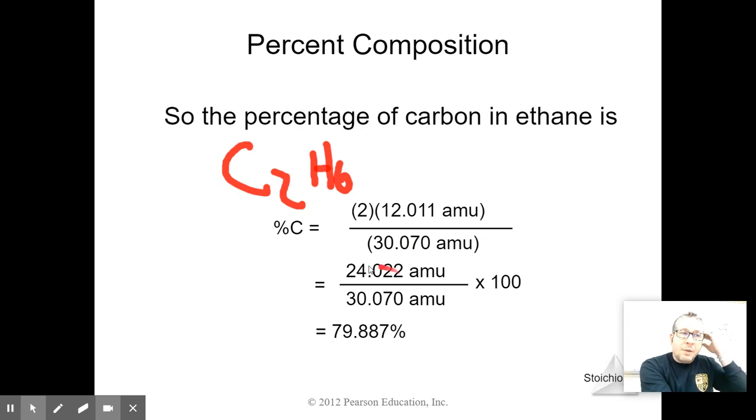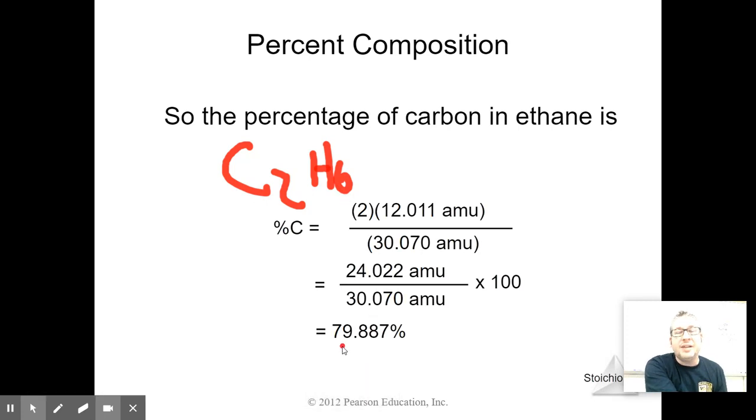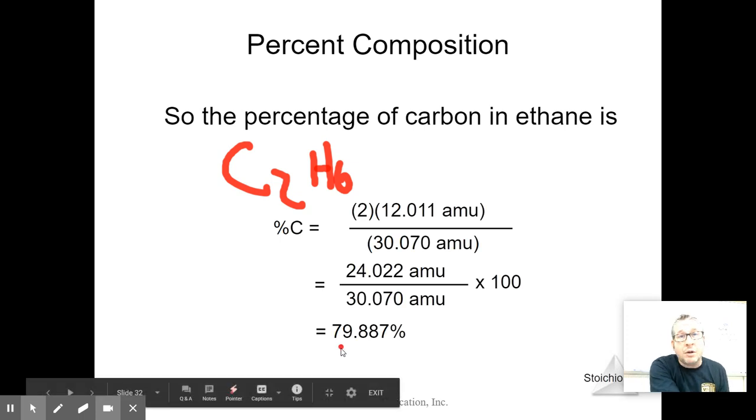When we take the 2 and multiply by 12.011 and then divide it by 30.070, we then multiply that by 100, which gives us a percentage. Of the overall formula weight of ethane, carbon makes up 79.887% of its overall mass. So that's how we calculate percent composition.